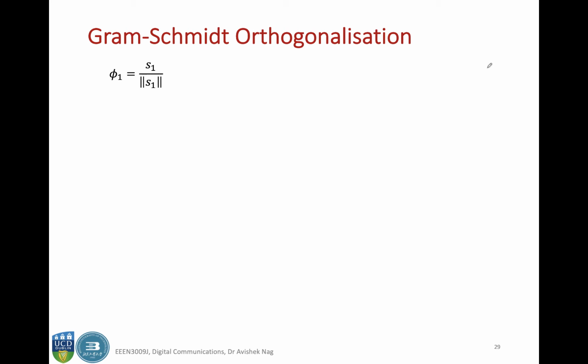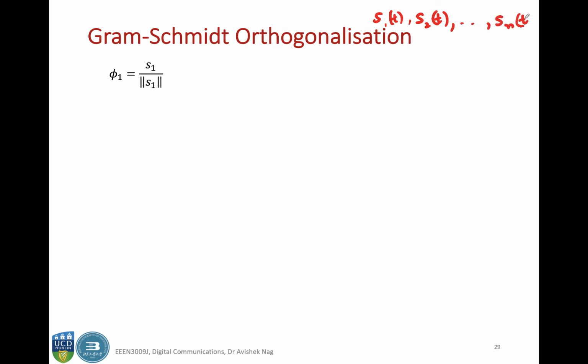So let's imagine that you are given a set of signals. Let's generalize this: instead of two signals, which is necessary for binary communication, we can have many signals. Let's say we are given a set of signals S1, S2 up to Sn.